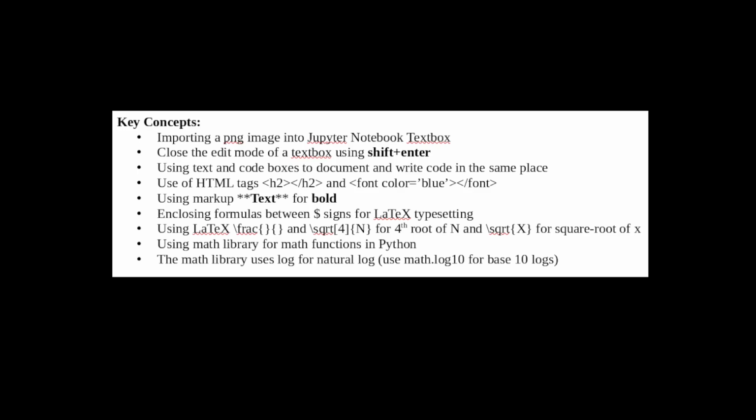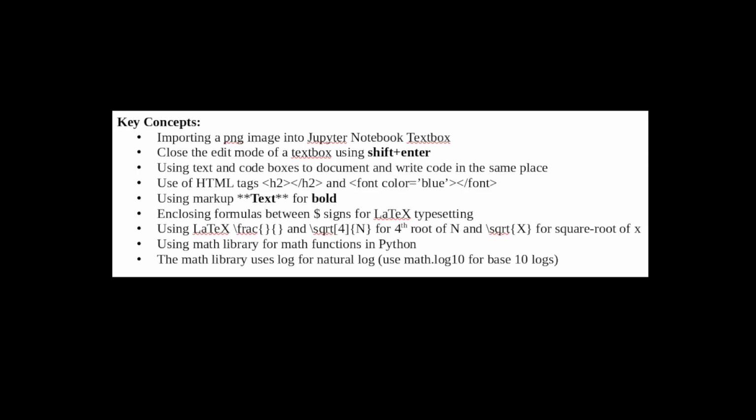We also saw how we can use combinations of text and code boxes to document and write code at the same place within the Jupyter Notebook. In addition, we learned a few HTML tags. More importantly, we learned how to put headings. I showed you an example of a tag for heading 2, but you can use the same thing for heading 1, 2, 3, 4, and others.